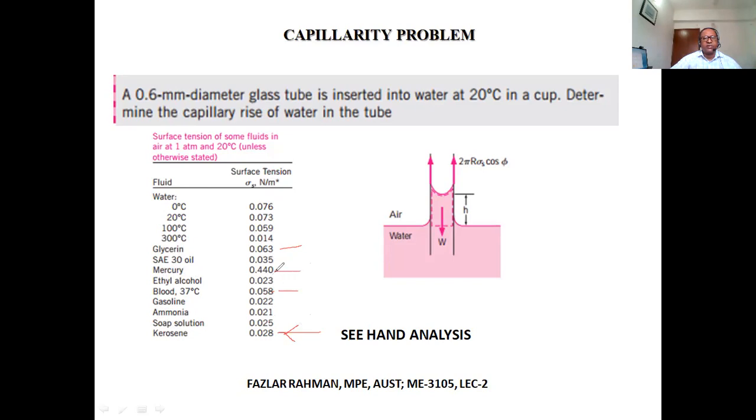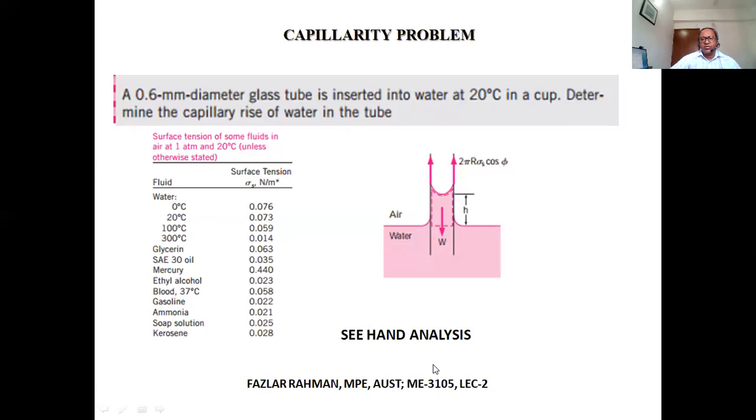Mercury has the highest value of surface tension. So this table is given over here. I think this chapter is finished. Any question from this chapter, chapter 2? No question? Okay, then we'll jump on to lecture 3.